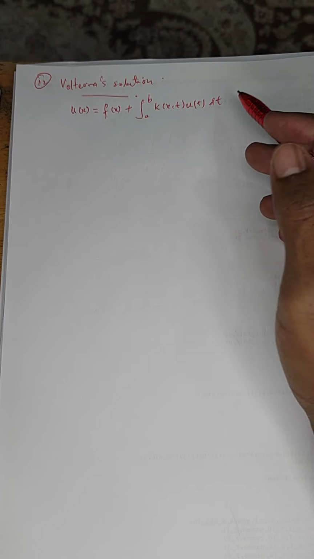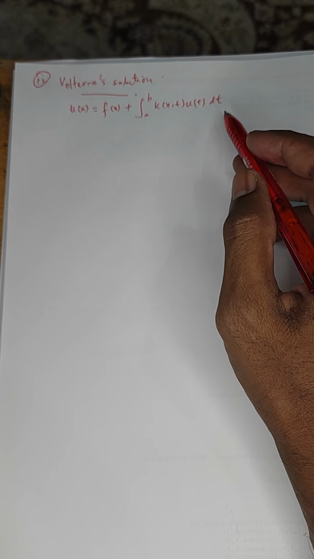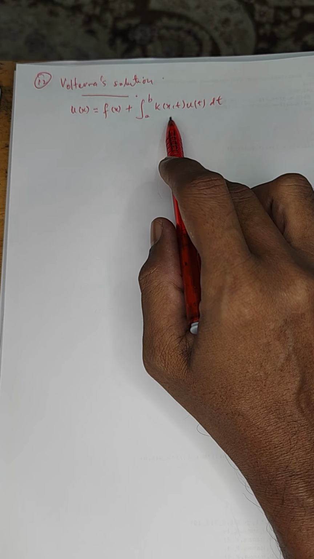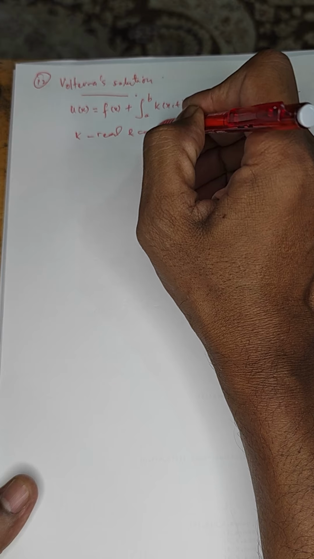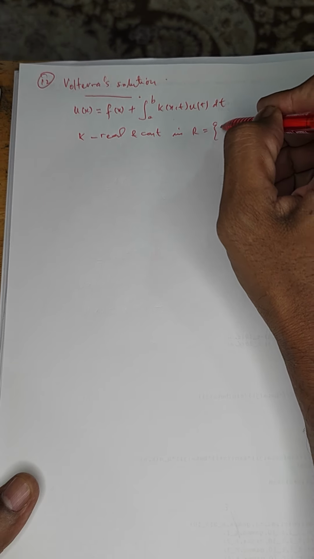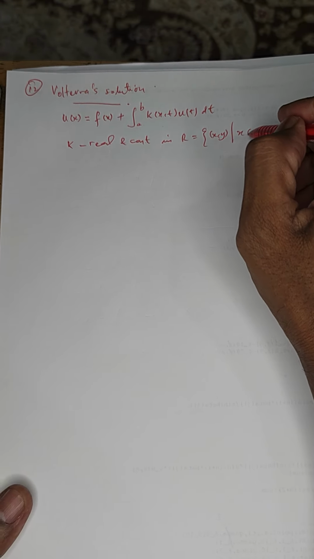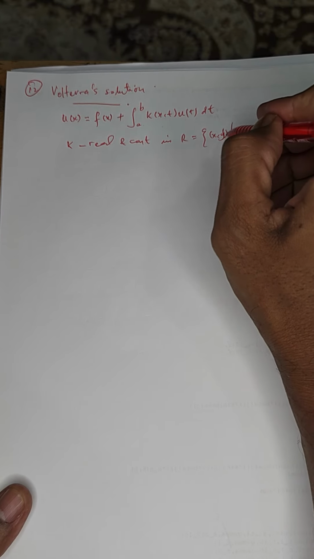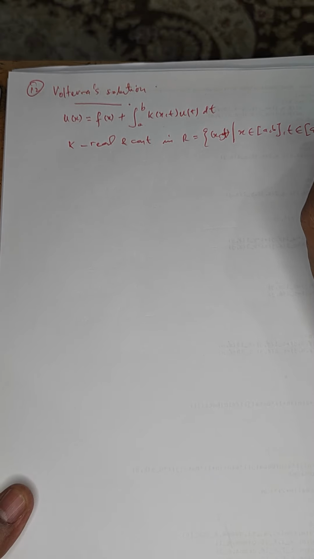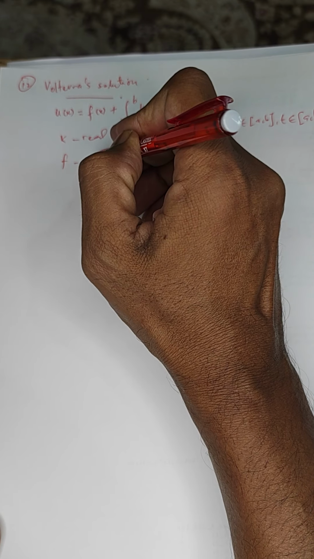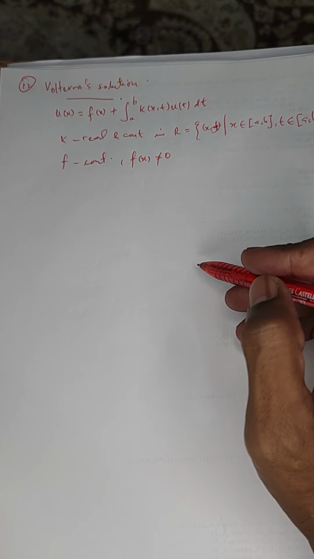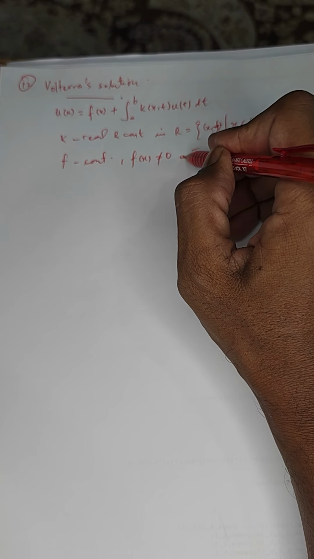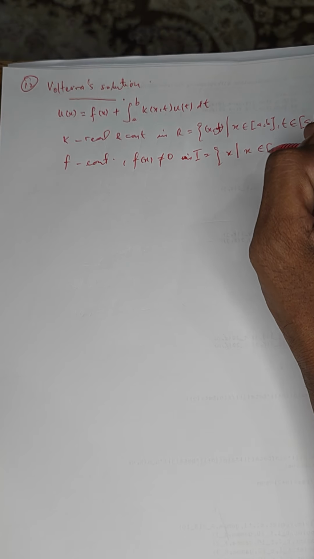So we consider this non-homogeneous random integral equation, and we suppose that k is real and continuous in the rectangle R, where R is all (x,t) such that x is in [a,b] and t is in [a,b], and f is continuous, and f(x) is not zero on some interval I, where I is in [a,b].